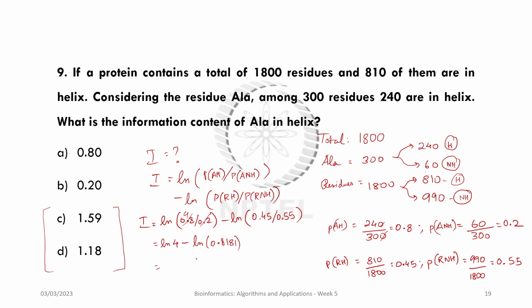This is giving me an answer of minus 0.2, and ln 4 is 1.386.